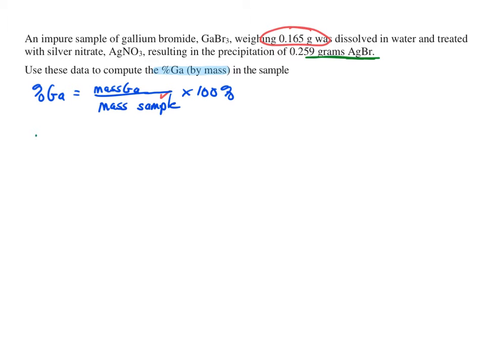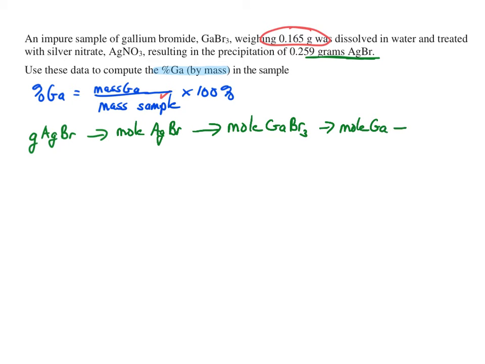So we can go from grams of the silver bromide, convert to moles, and then we can relate the moles of silver bromide to the moles of gallium bromide. Then the moles of gallium, and then finally to the grams of gallium that's contained in that sample. All right, so let's do that.